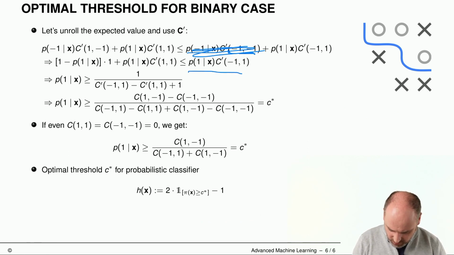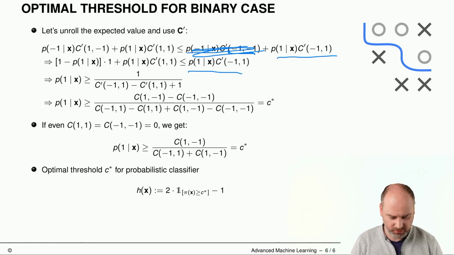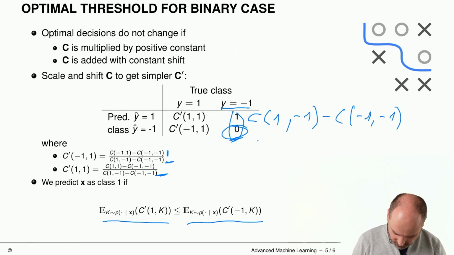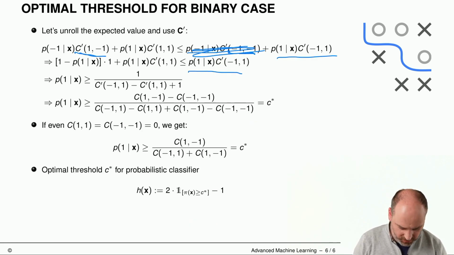The only thing left on the right-hand side is this. On the left-hand side, we rearranged slightly. For the probability of being in the negative class, we can simply plug in the counter probability, so this is 1 minus the probability of being in the positive class. And we did a second thing: this guy here, C1 minus 1, is 1. So we can simplify this further, and then we end up with this formula.